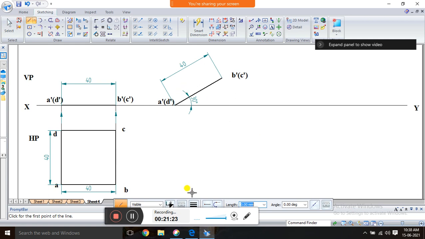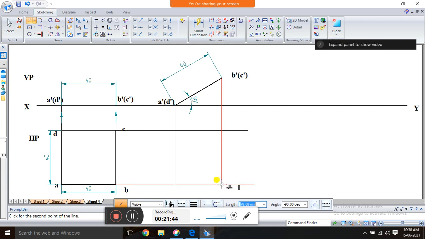Once we have the front view, we want the top view. First project this line, then project this line. First you have to mark A: A is here and A is here, then B is here and B here, then C from the same thing, so C is here, then D is here and D. Like this you have to mark.